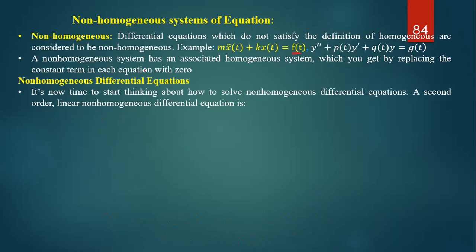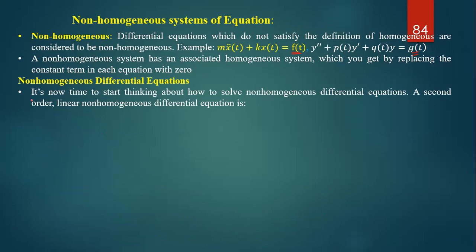A non-homogeneous system has an associated homogeneous system, which you get by replacing the constant terms with 0. If we substitute this part with 0, then the equation is homogeneous. These terms add non-homogeneity to the equation.